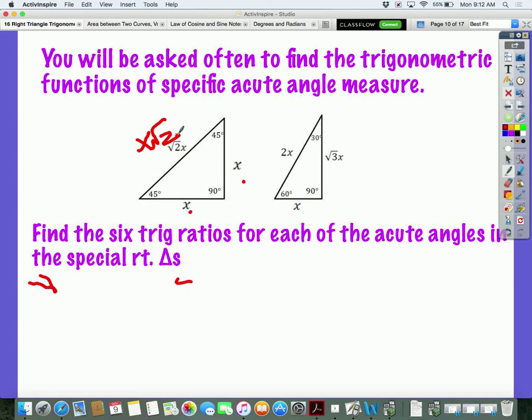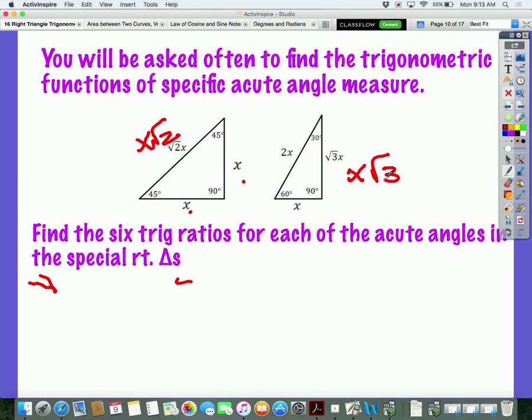Your hypotenuse was twice as long as that short side, and the side across from the 60 was x times the square root of 3. That x is not underneath that radical. So if the side across from your 30 was 6, your hypotenuse was what? 12, because you would just double it. And the side across from your 60 degrees, if x was 6, is 6 radical 3.